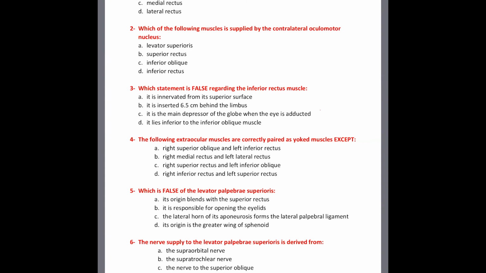Question number 4: the following extraocular muscles are correctly paired as yoke muscles. This will be mentioned in physiology, but what do you mean by yoke muscles? Yoke muscles are muscles that work together in the same direction. For example, if the patient wants to look to his left, I have to contract the lateral rectus of the left eye and the medial rectus of the right eye.